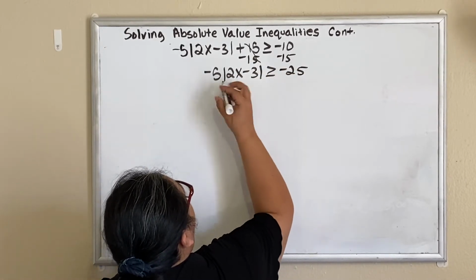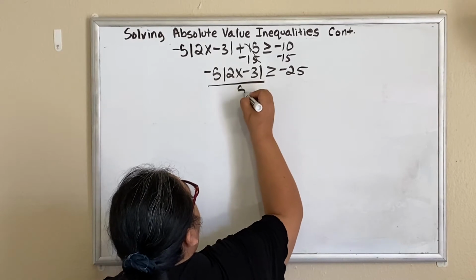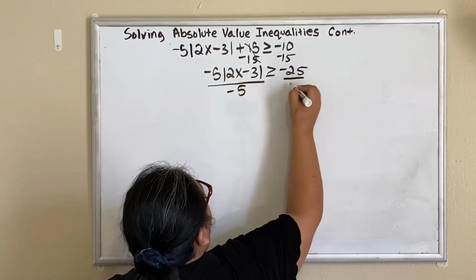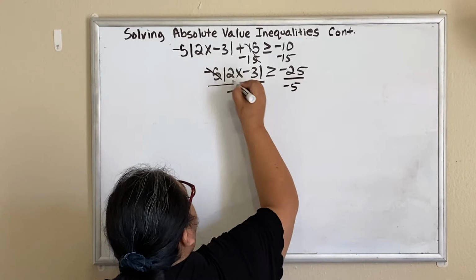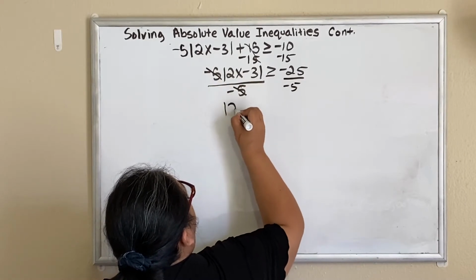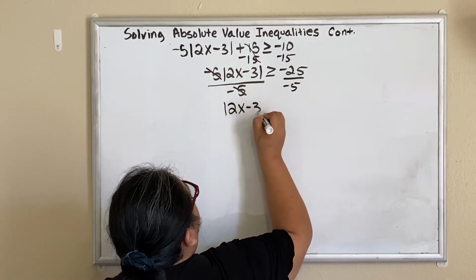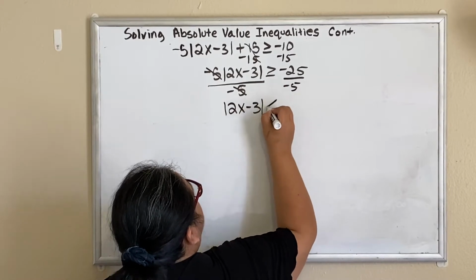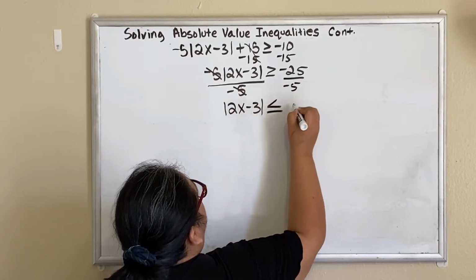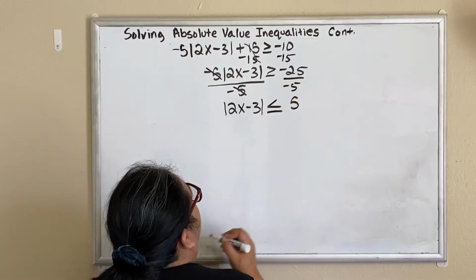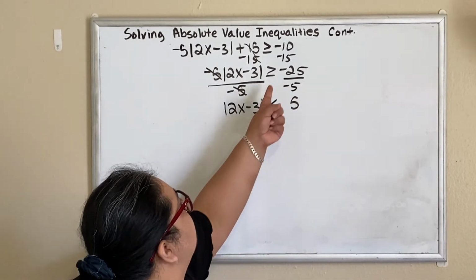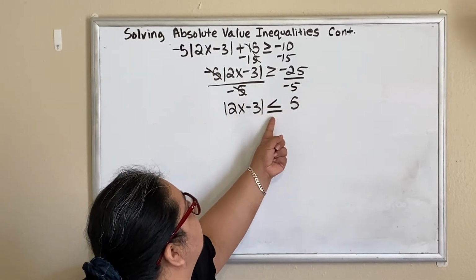Now I need to divide by negative 5, so I'm going to divide both sides by negative 5. That's going to reduce the negative 5, and I get the absolute value of 2x minus 3 is less than or equal to positive 5. My inequality flipped.